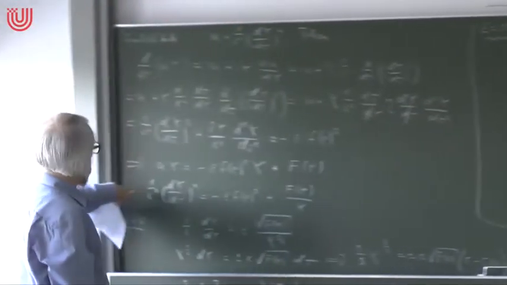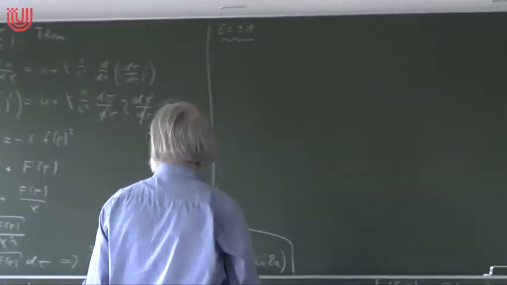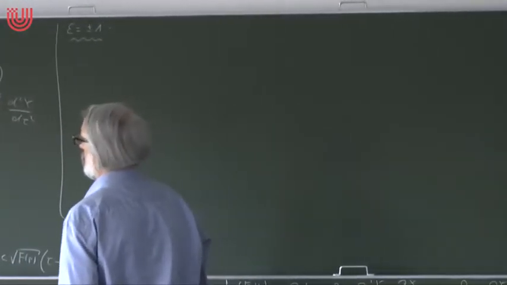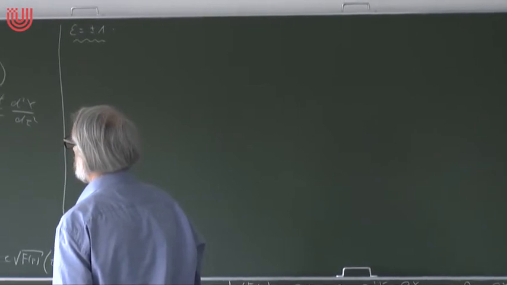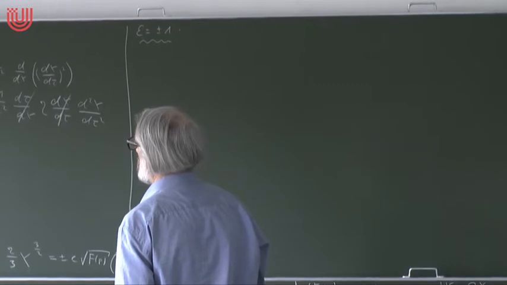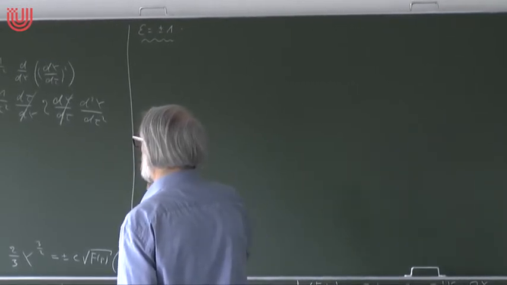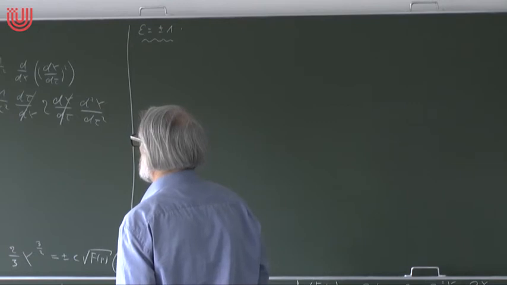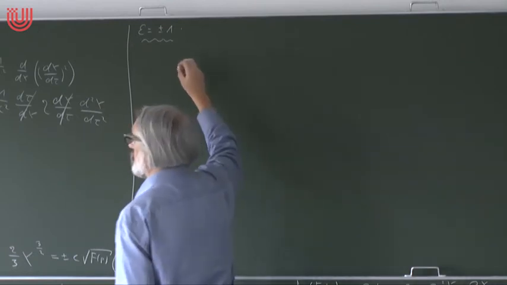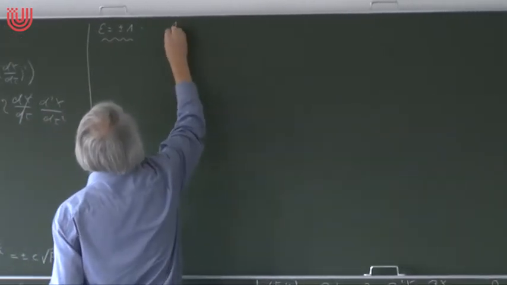Then here, that was our differential equation. So again, we can separate the variables, but it looks a little bit more complicated then. So let's see, how do we do this? I think I take the square root. Yes. Okay, let's do it slowly.